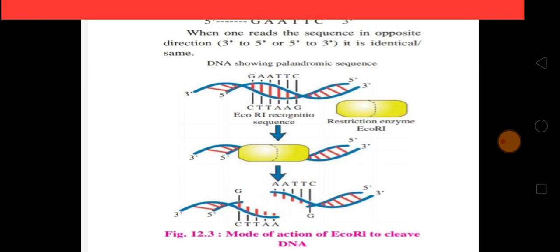The particular sequence of internal symmetry recognized by the enzyme EcoRI is called a palindrome. When enzyme EcoRI attacks this palindrome, it breaks each strand at the same site in the sequence, indicated by the arrow between the A and G residues.